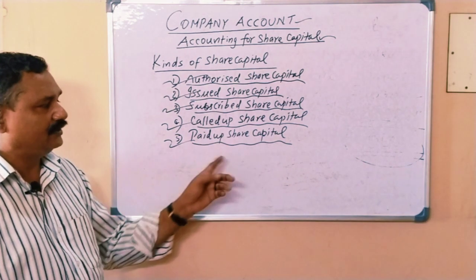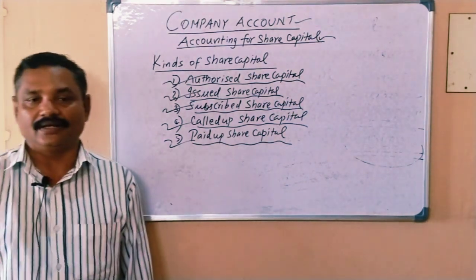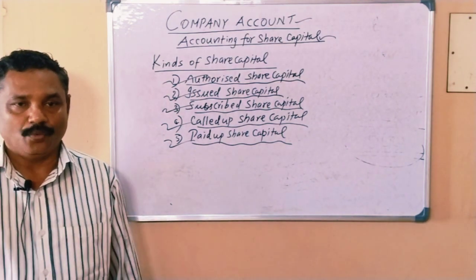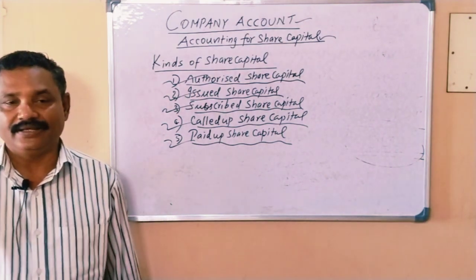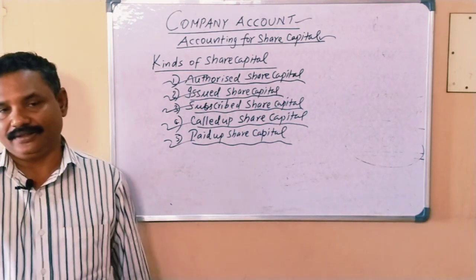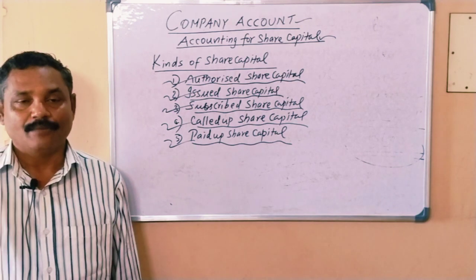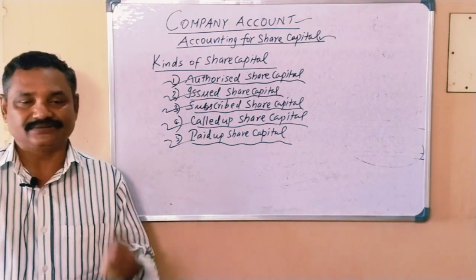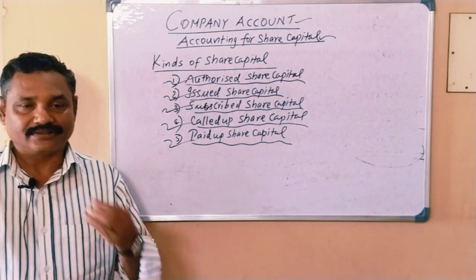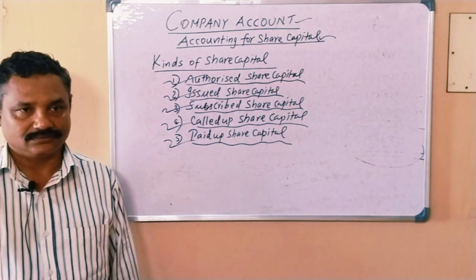Before discussing these five kinds of share capital, I would like to introduce the purpose of a company. Why does a company issue or sell shares? To collect money, because a company has a purpose to produce some new articles or products.